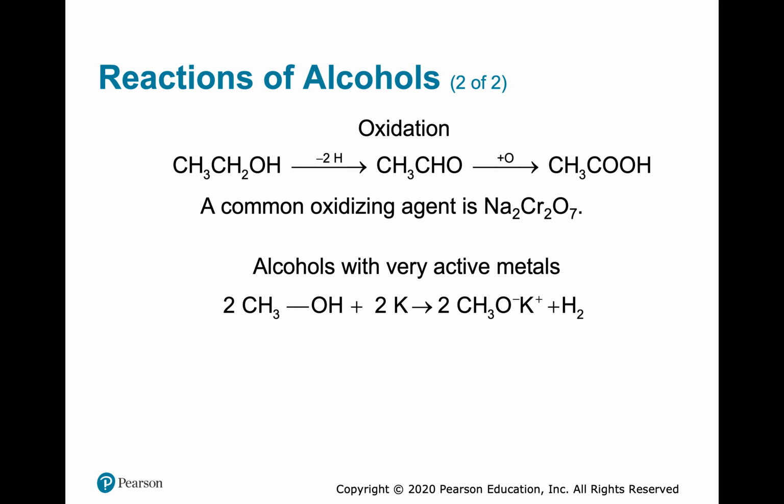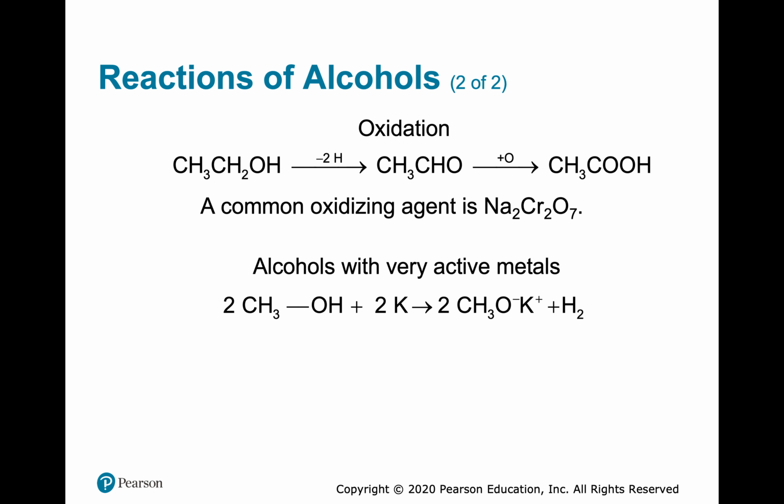CH3CHO. That's really the more toxic thing than alcohol. And alcohols also react with active metals, meaning like sodium, or in this case potassium. So if you throw methanol into potassium, you form the methoxy ion. And the methoxy ion is a very strong base. It's stronger than hydroxide.